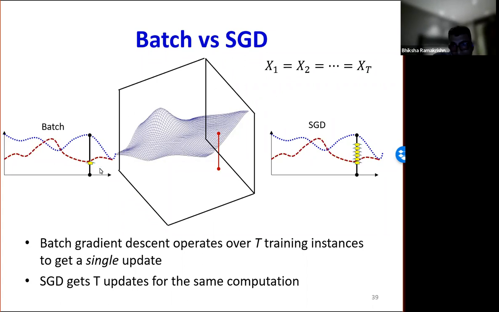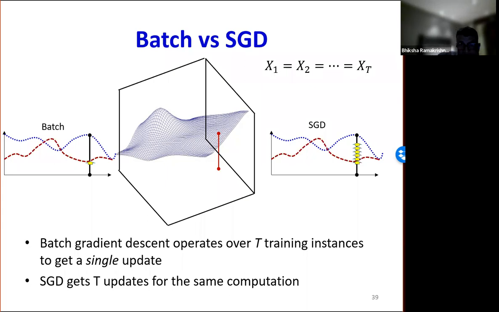So this update is going to be made with the average derivative. This first update is going to be made with the gradient for the first instance. But because all the instances are identical, the updates are going to be identical, which means that if I make an update after each training instance in a single pass over the training data, this function is going to get adjusted a whole lot more than if I waited to process all of my training data for a single update.